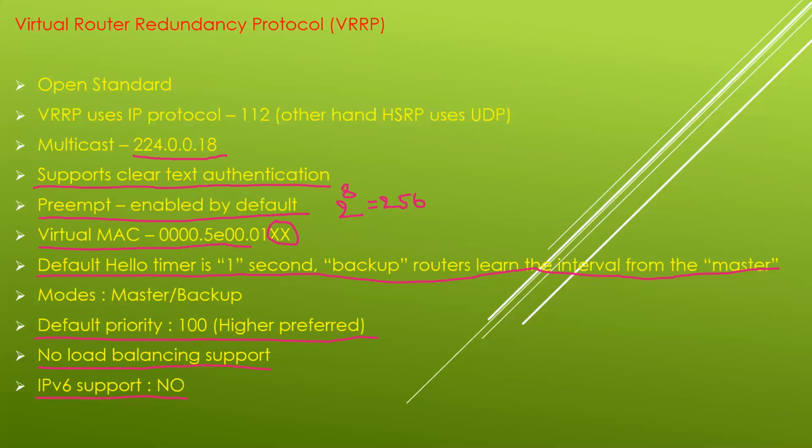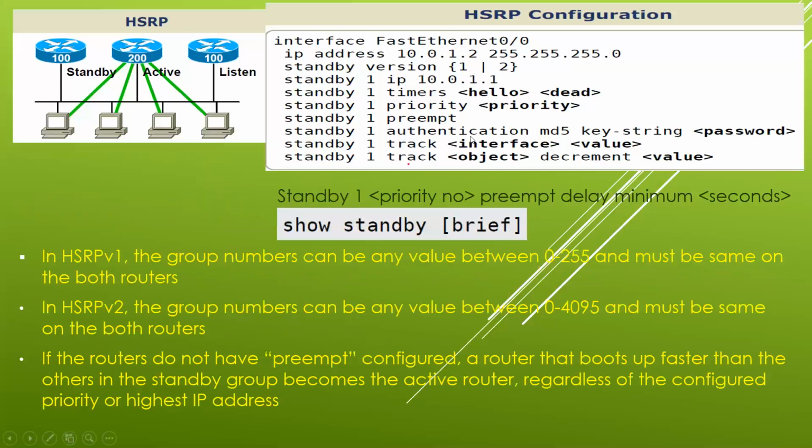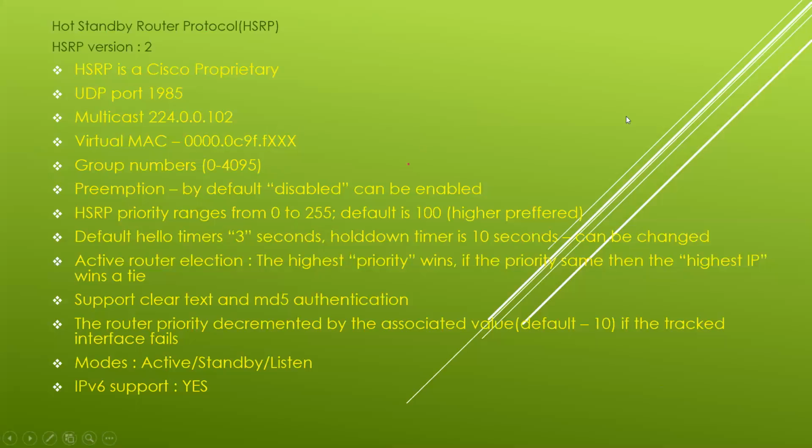Let me go back to the previous slide. Here, each hexadecimal digit equals 4 bits, so 12 bits, 2 to the power of 12, equals 4096.